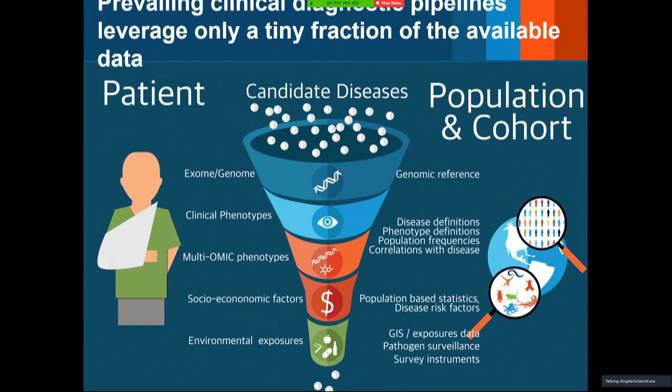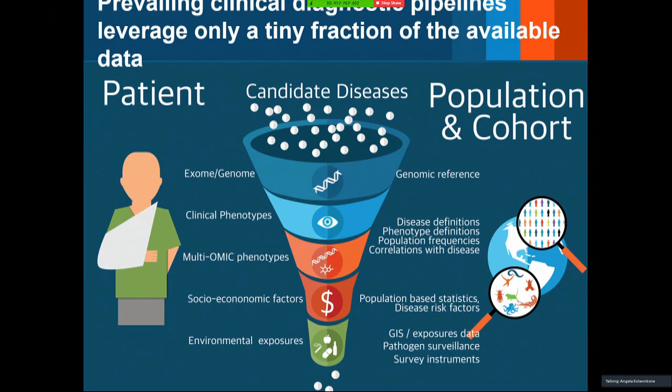So really understanding more deeply how do we compute over clinical phenotypes, omics phenotypes, all the socioeconomic factors that affect clinical presentation, environmental exposure data, and many other types of data about the individual patient.